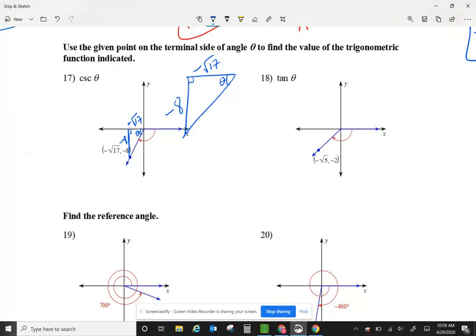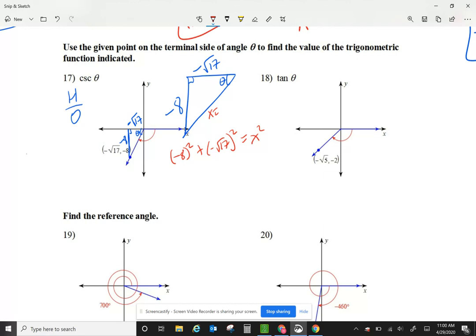Now for cosecant, I need hypotenuse over opposite. I don't seem to have a hypotenuse, so let me solve for my hypotenuse. Let me call it x at this time. So I have that negative 8 squared plus the negative radical 17 squared is equal to x squared.